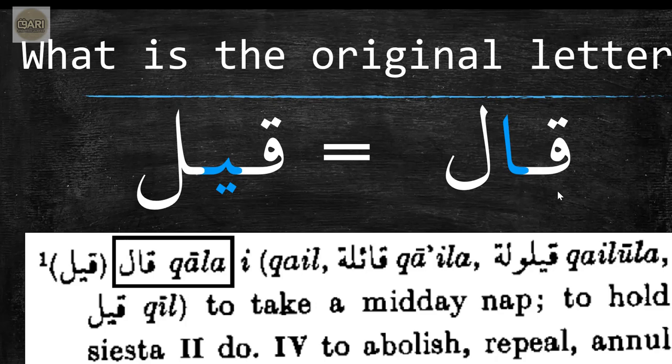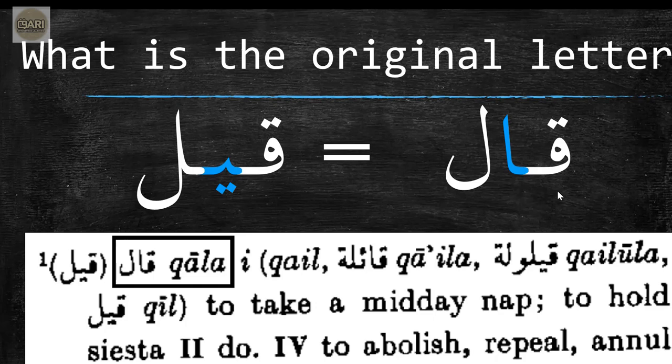Okay, so what we've talked about is aleph. And that aleph is one of several weak letters. Those main weak letters are wow, ya, and aleph. We said that hamza is a quasi-weak letter, meaning that it's sometimes weak and sometimes not. Why is that important?